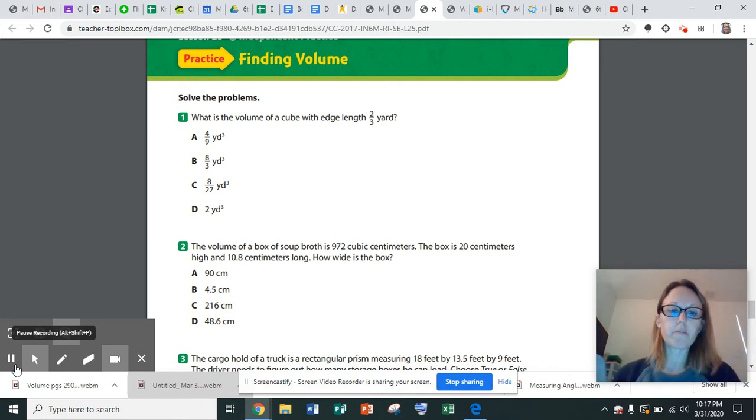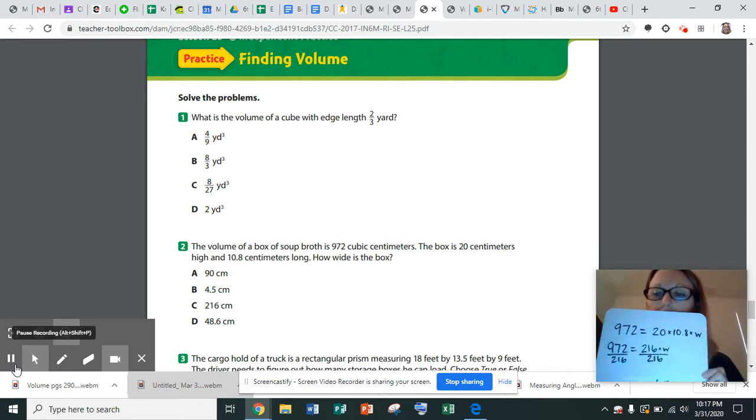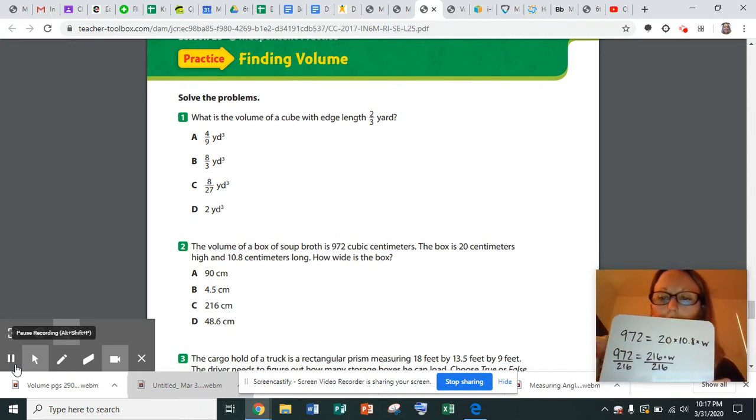So we have 972 cubic centimeters equals 20 times 10 and 8/10 times W. Okay, 20 times 10 and 8/10 gives you 216, so 216 times W equals 972.